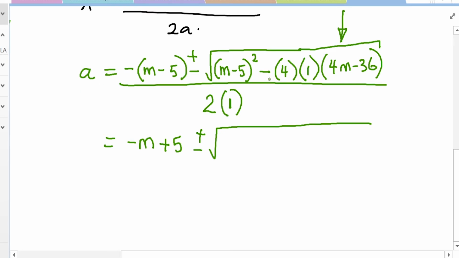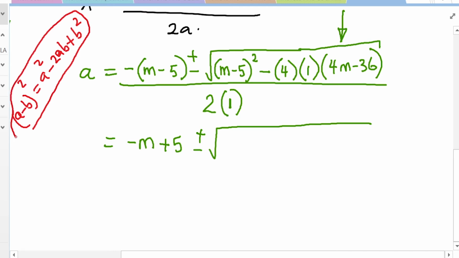I'm going to use this identity to demystify this one. Let me write it here for side work just to show you. We know that a minus b squared is given by a squared minus 2ab plus b squared. So this identity is what I am going to use to solve this.